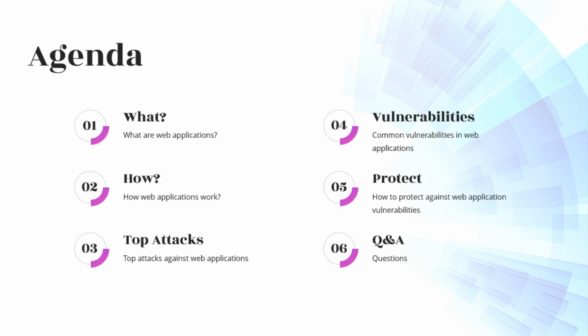So let's move ahead and see what we have for our agenda today. We'll be talking about the environment of a web application, what it is, how it operates, and what the different components associated with it are. This is going to be important for us to understand in order to protect against web application vulnerabilities. We'll then talk about the top attacks that we might face when we have web applications in our environments.